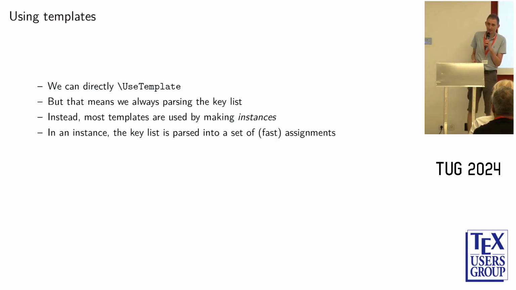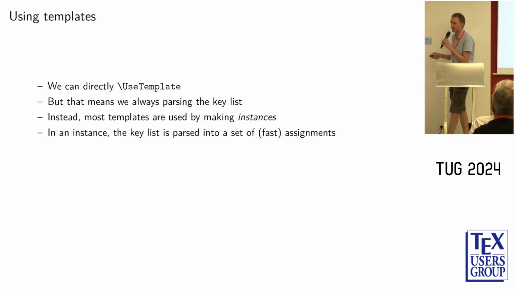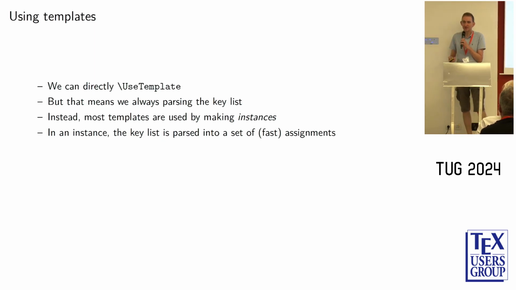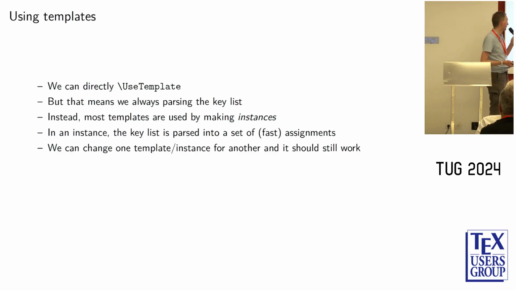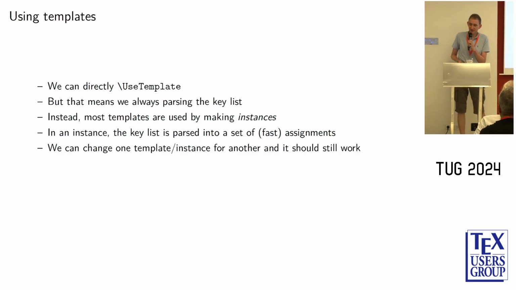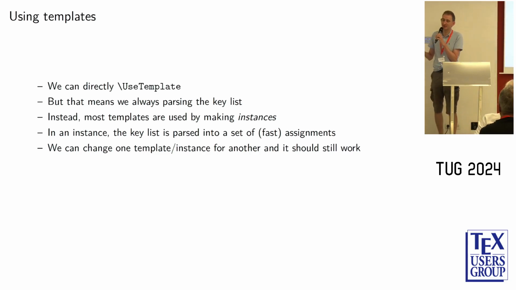So it's faster, and that makes a difference because at that point you can't really do things much faster than just setting dimens, macros, whatever you actually implemented it in. And the key point here is that you can change one template or instance for another and things should still work because they're semantically interchangeable.